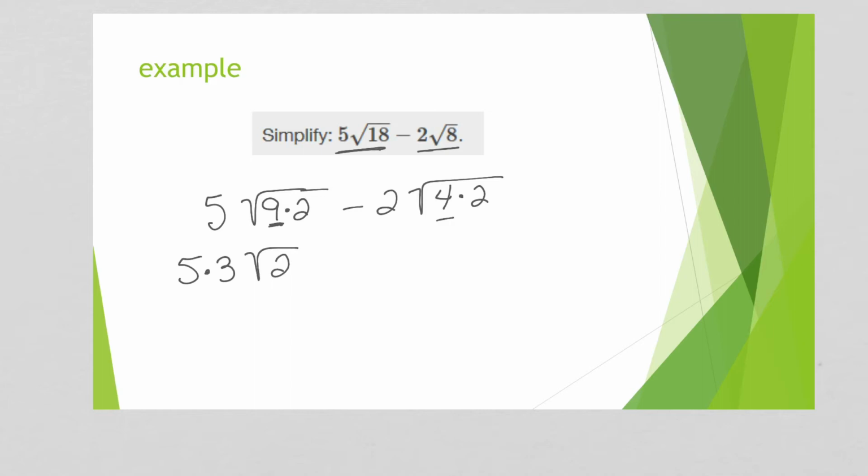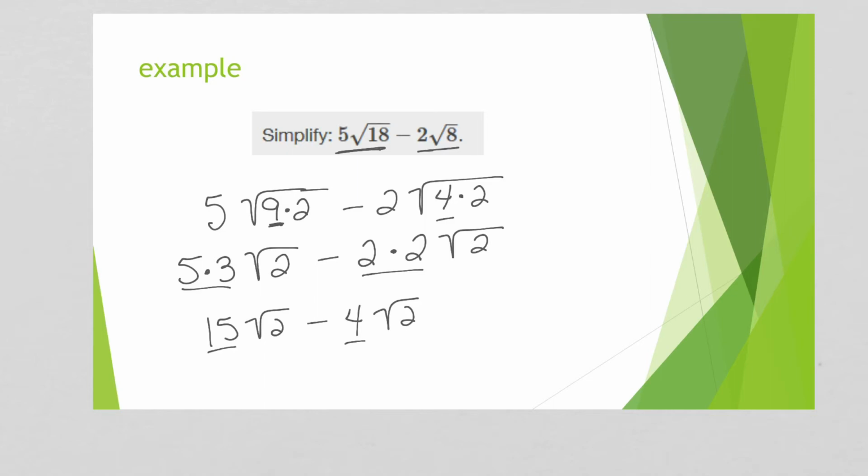And what's left over on the inside is the square root of 2 minus, and then over here I've got 2 times the square root of 4 is 2, and then what's left over is the square root of 2. I'm going to go ahead and do the multiplication there. 15 square roots of 2 minus 4 square roots of 2. And then I can do this math. 15 minus 4 is 11 square roots of 2.